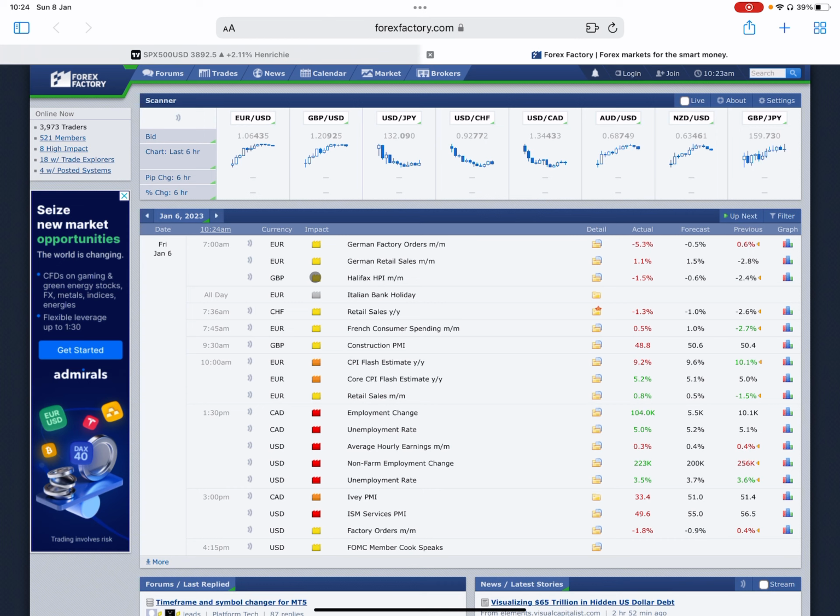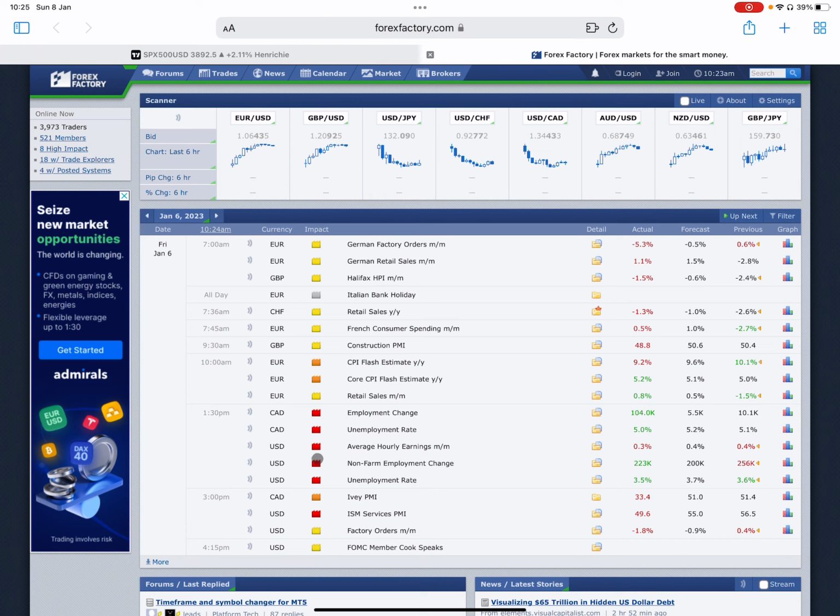And this yellow box here means it's not high impact, but I'm mostly focused on these two colors of boxes, this and this, which is what I'm going to be talking about.